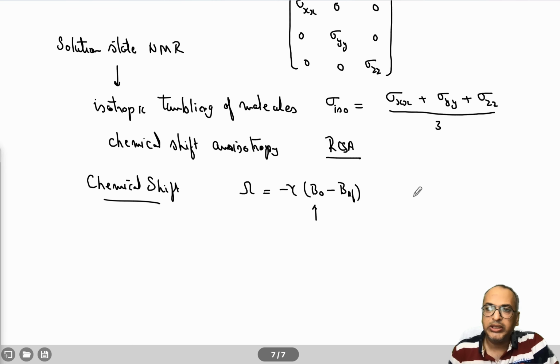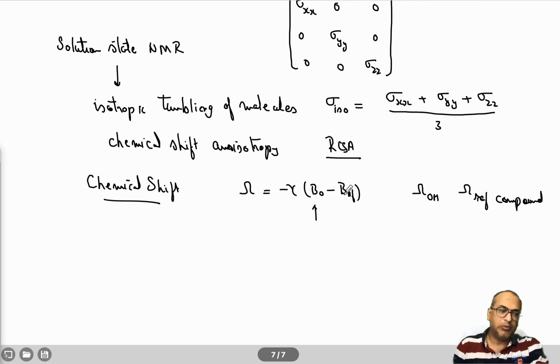So what we do is, let's say offset of OH, we compare it with the offset of an external reference compound, which is externally added to your sample, and then you compare the two offsets, and hence the dependence on B0 is removed.